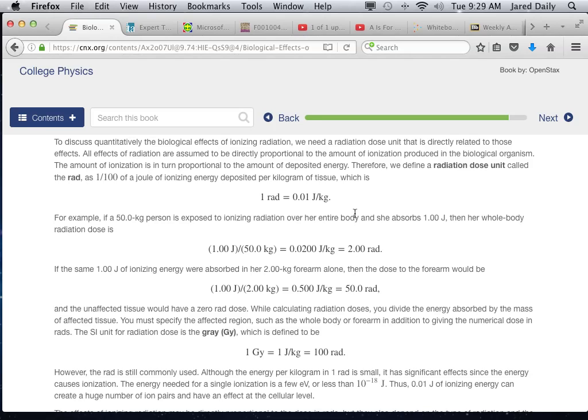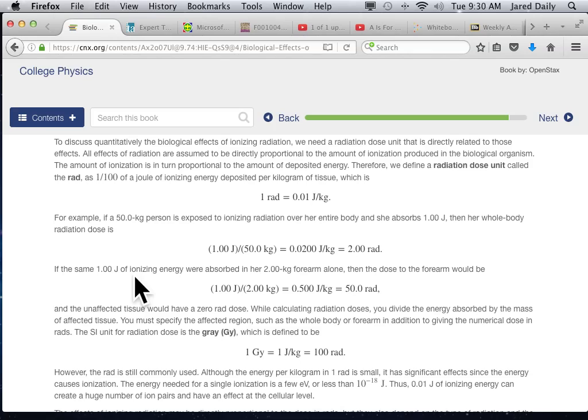But here is an example of how we use that. A 50 kilogram person is exposed to some ionizing radiation over the entire body, so that includes all 50 kilograms, absorbing 1 joule of energy. Then you get 1 joule per 50 kilograms, which is 0.02 joules per kilogram, which is 2 rads. Remember, 0.01 joules per kilogram is the 1 rad.